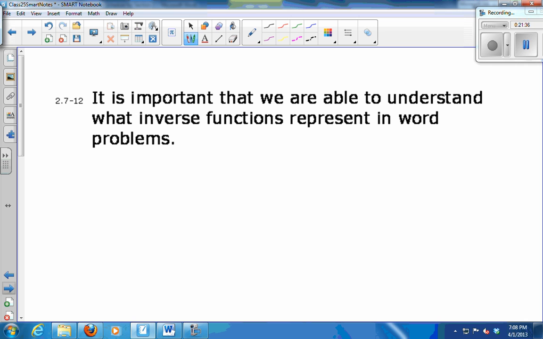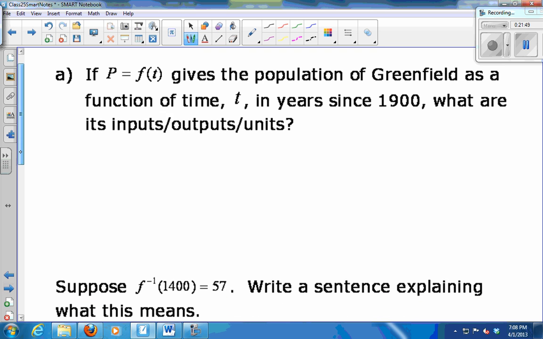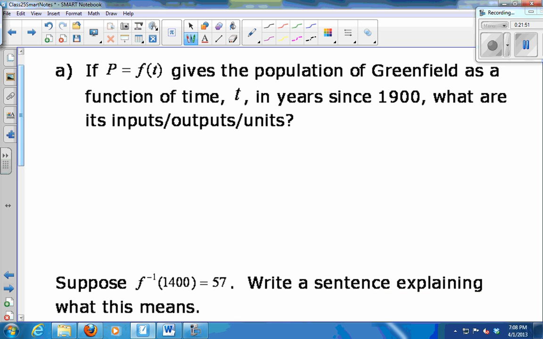Okay, so part of where inverse functions are so valuable is when we use functions to represent real-world things. So we'll do one example of these, and then we'll pick it up here next class. All right, so if P equals F of T gives the population of Greenfield as a function of time, measured in years since 1900, let's see what the inputs, outputs, and the units are.